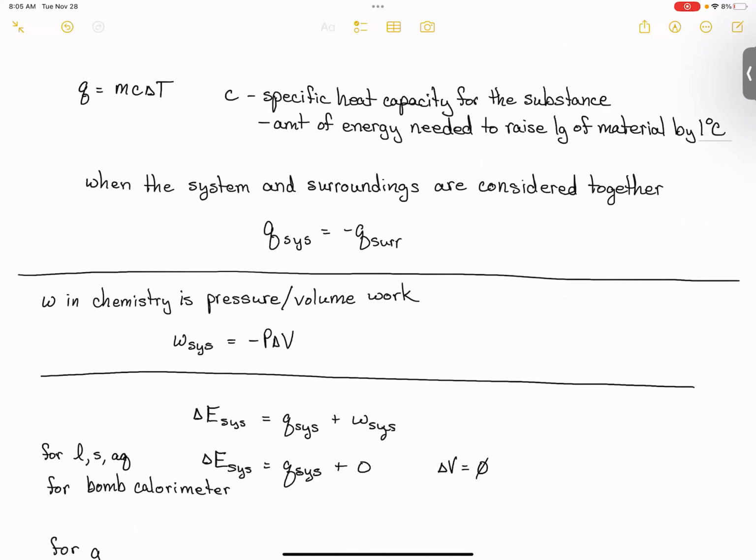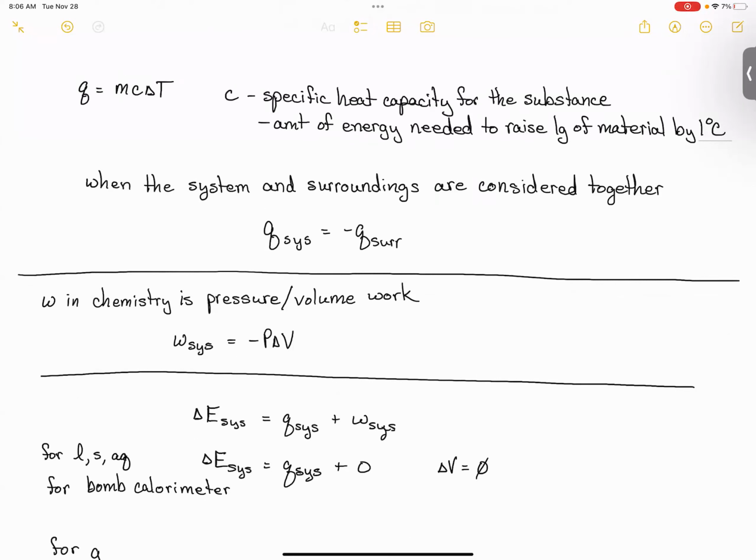Now, we really didn't talk about the work point. Relatively speaking, unless there's a lot of gas involved, the amount of work that a chemical reaction performs is going to be very minimal. The main thing is going to be heat, but you can't just completely discount the work.